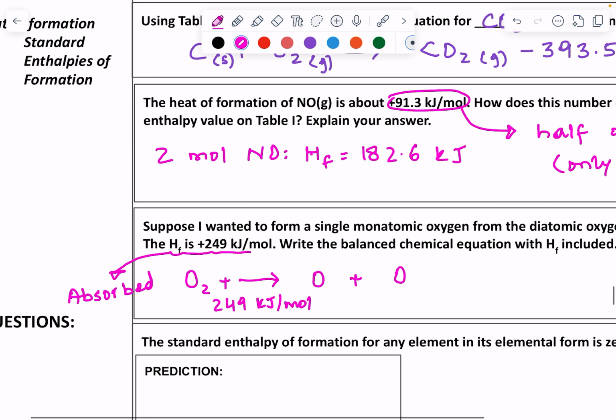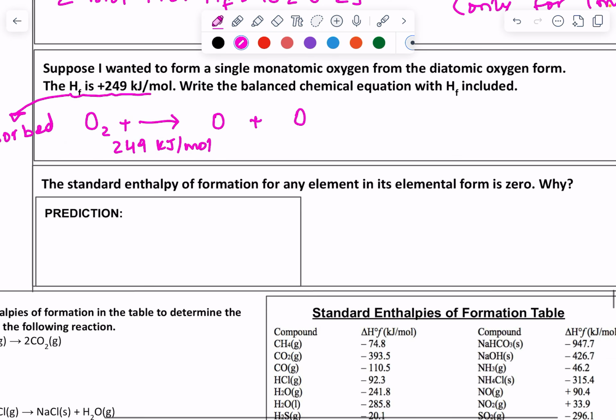So the standard enthalpy of formation for any element in its elemental form is 0, meaning if you are asked what is the enthalpy for O2, you're going to say 0. So why is that? Let's take a moment to think. So the answer is enthalpy depends on how much heat is absorbed or released during the formation of a substance.